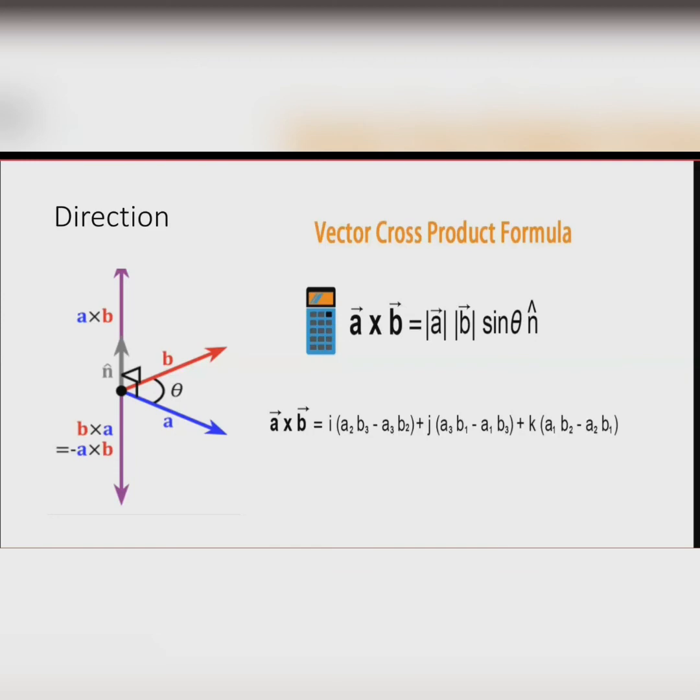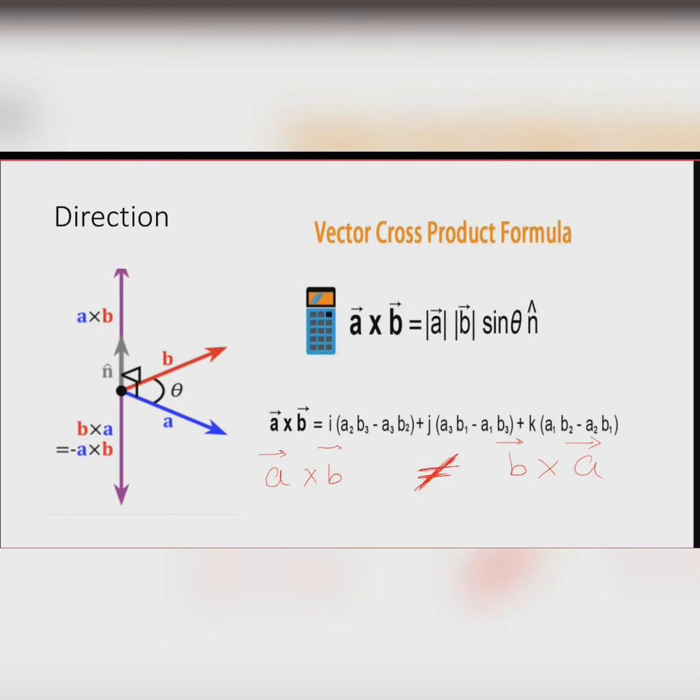Now try and do the same for B cross A. What will be the direction in that case? Downwards. Okay, downwards. So now looking at this direction, is A cross B equal to B cross A? No, ma'am, it is in the opposite direction.